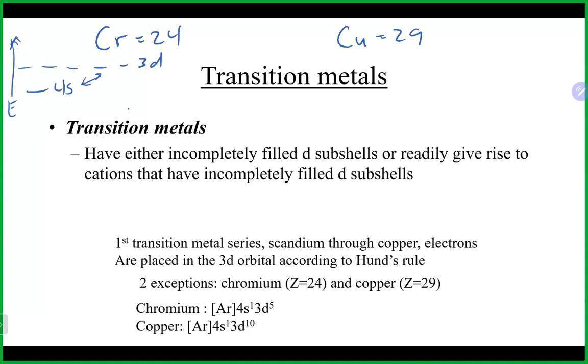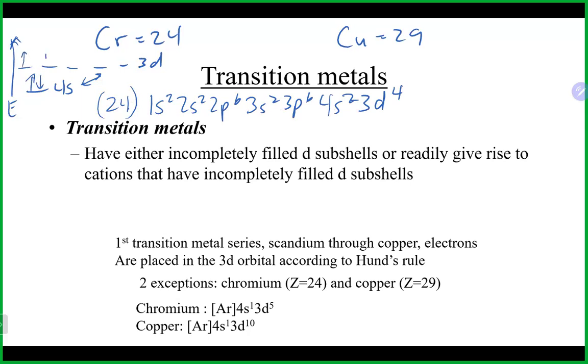So if you took something like chromium at 24 and followed our chart, you would end up with 1s2, 2s2, 2p6, 3s2, 3p6, 4s2, 3d4 in this case. Basically, that means you would end up with something like this.